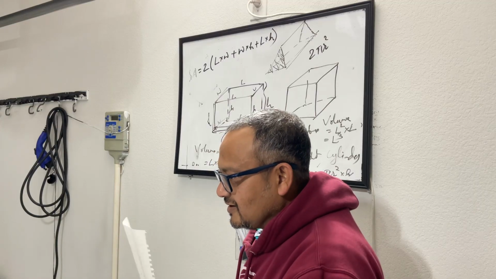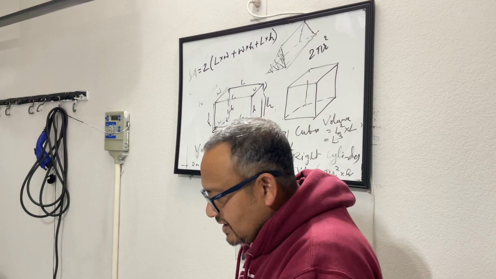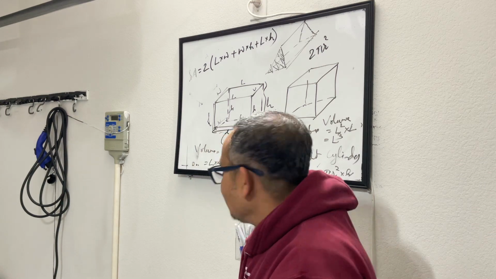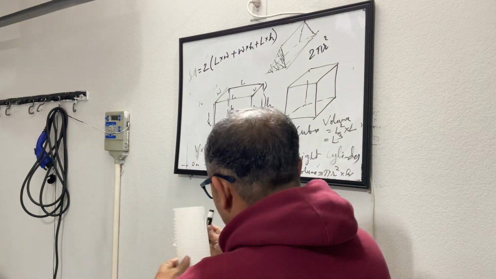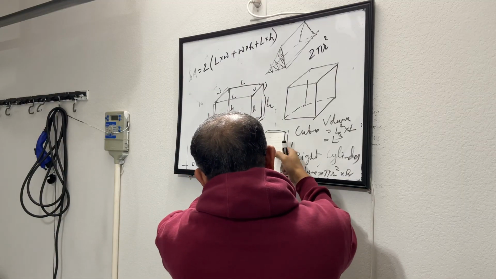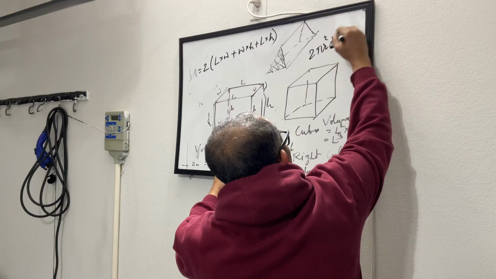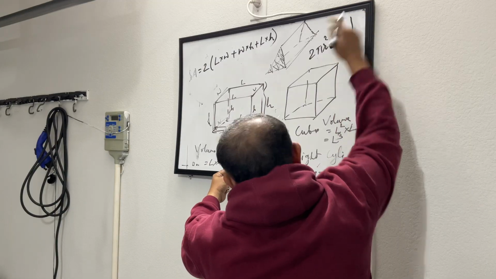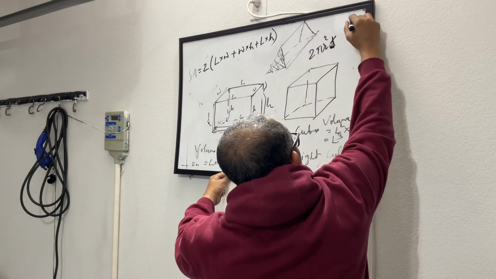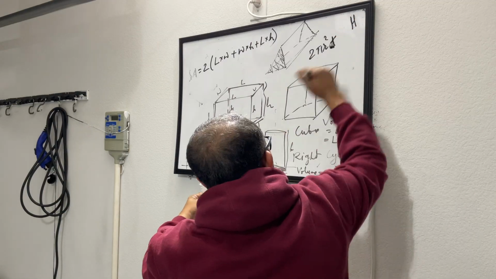And you find that it becomes a rectangle, right? When I opened it up, it became a rectangle. This is my height, which is one side of the rectangle, and then this is my circumference, which is 2 pi r.